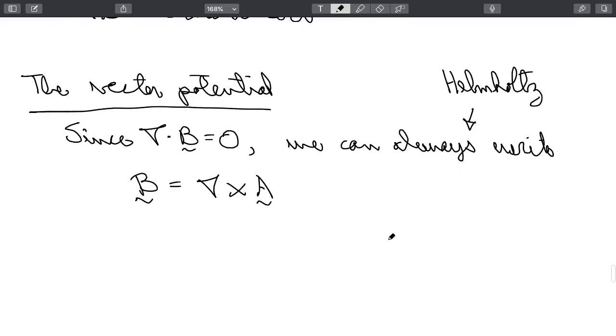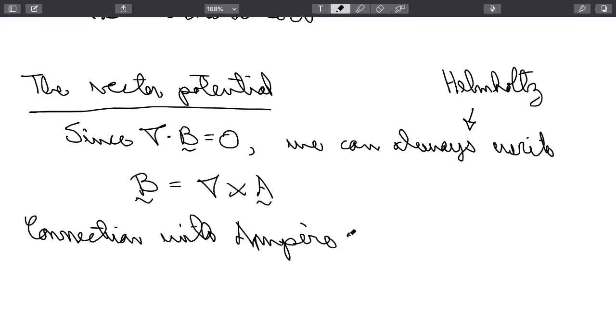We can connect this with Ampere's law. So if we try to make a connection with Ampere, we're going to compute the curl of B, which is the curl of the curl of A. This looks dangerously like the identities that we've used just before, except that now one of the objects is this differential operator.